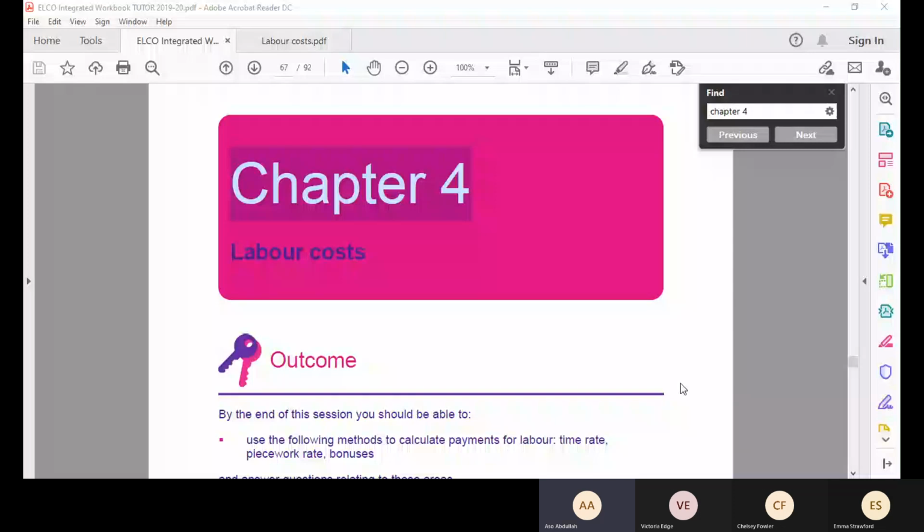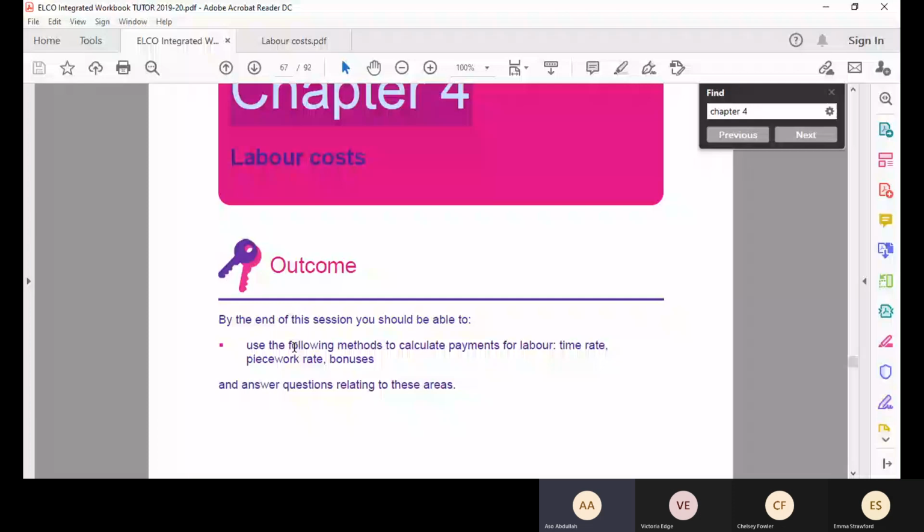Okay, so the outcome of this chapter, hopefully, is that by the end of it you are able to understand different methods of calculating the cost of labor.